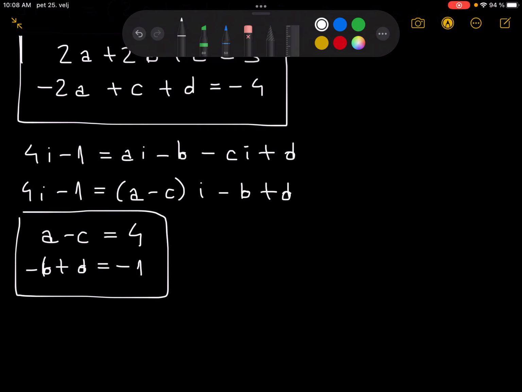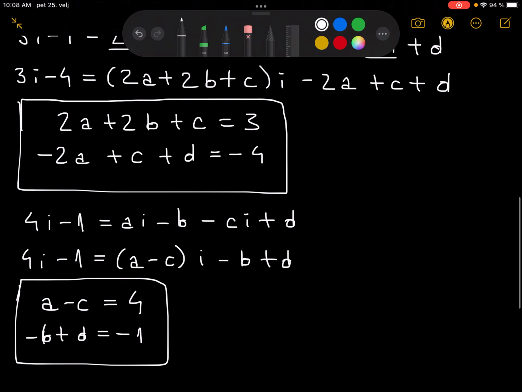So now we've got a system of 4 linear equations with 4 unknowns. So let's just go ahead and try and reduce this a little bit.